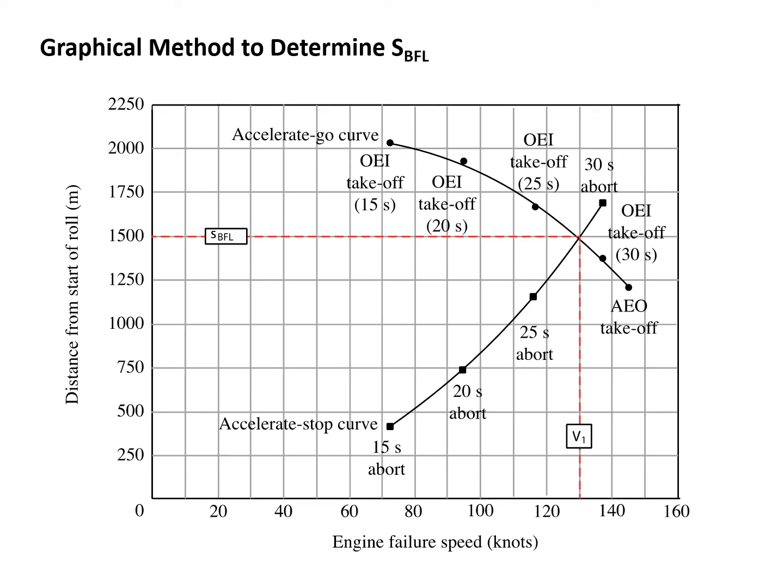That's the upward-going curve. The downward-going curve is the distance for the aircraft to reach the liftoff speed. These two curves intersect with each other, and we can get the decision speed and also the balanced field length.